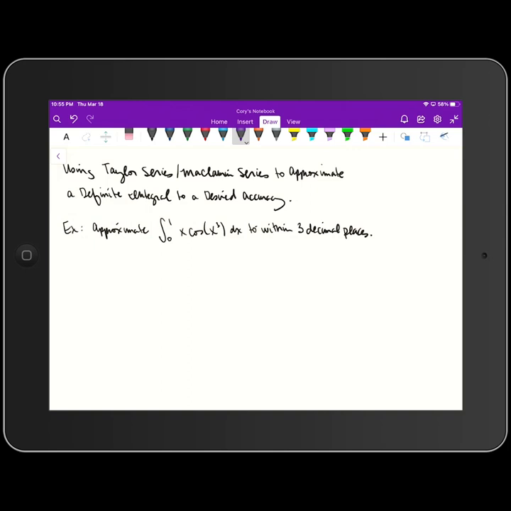And the directions for this example ask us to approximate the integral from 0 to 1 of x times the cosine of x cubed, which we're integrating with respect to x, to within 3 decimal places.